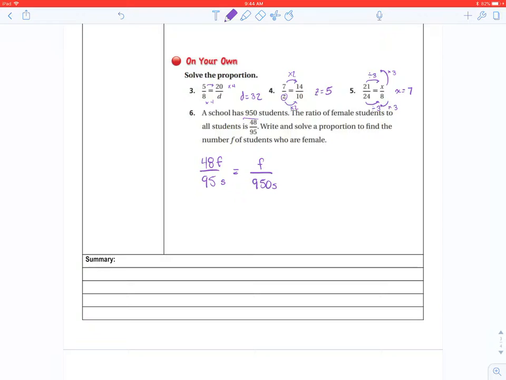Because as you can see here, if we can turn 95 to 950 by multiplying it by 10, and if we multiply 95 times 10 to get to 950, then we can also take that numerator and multiply it by 10 to figure out how many female students the school has. 48 times 10 is going to equal 480 female students in the school.